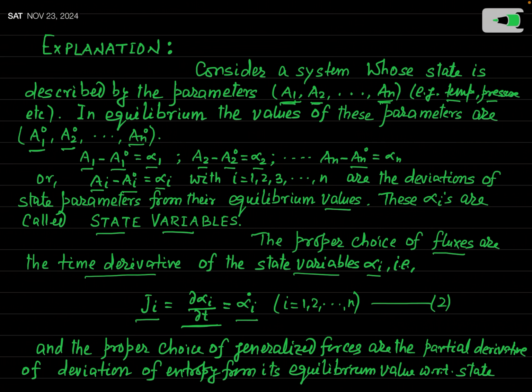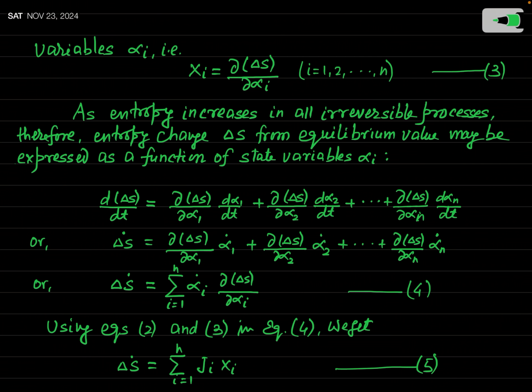Okay. And now if your aim is to make the proper choice of generalized forces, how can you define it? Actually, the generalized force in a proper choice is defined as the partial derivative of the deviation of entropy from its equilibrium value with respect to the state variable. So the generalized force Xi is defined in this manner: del delta S by del alpha i, where delta S is actually the change in entropy, or the deviation or the difference of entropy from the equilibrium value.